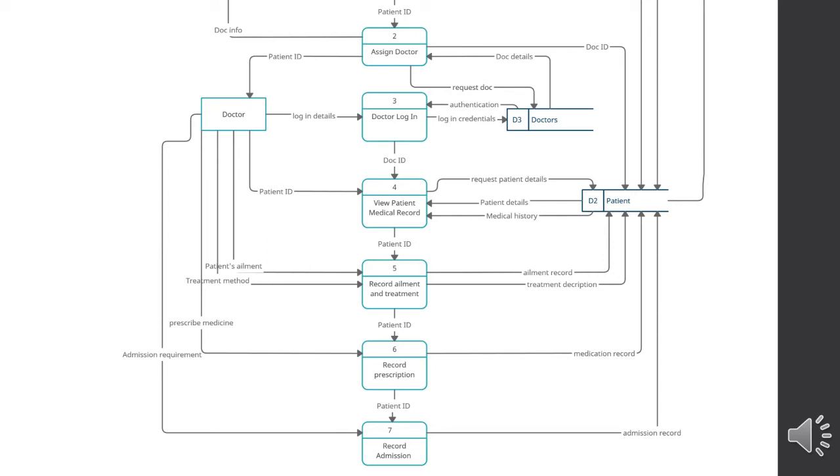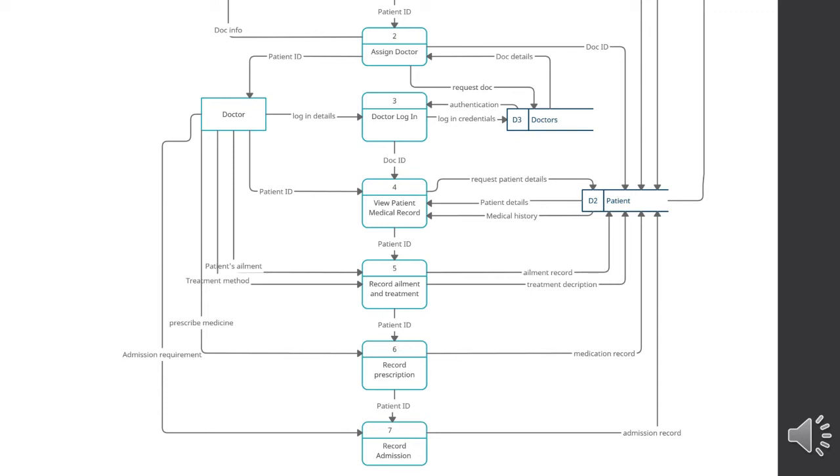This process will receive the patient ID, and everything recorded will be sent back to the patient data store, and the patient data store will send back the details and medical history to this process.